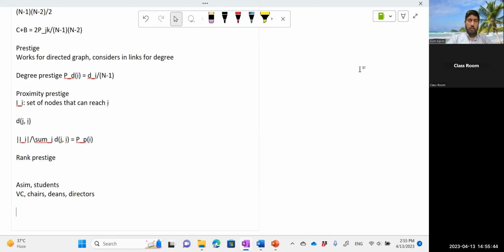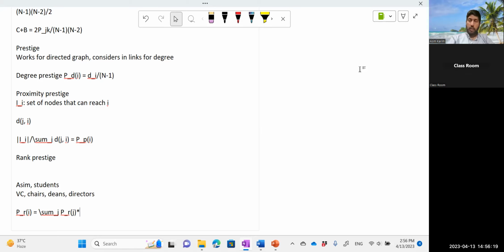So in that case, the rank prestige PR of a node I would simply be defined as, you have to take the summation for all nodes J that are not I. Okay. And then we will have the PR of that node J multiplied by basically whether that node connects to I or not.